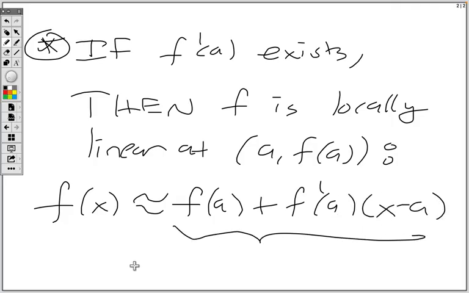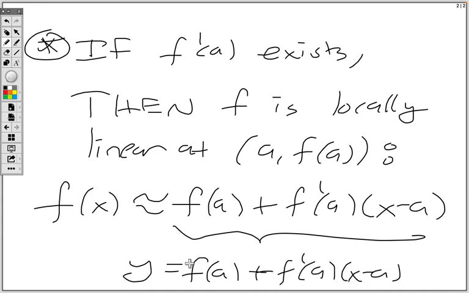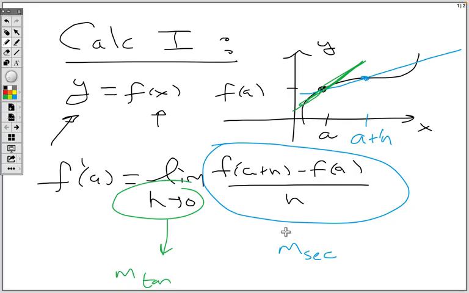So this line here, that was your so-called tangent line. And so this was the concept of locally linear. And so for locally linear to happen, all you needed was for this limit to exist. Right? And what we're going to see in Calc 3 is that we can have partial derivatives existing just fine, but the function not be locally linear.